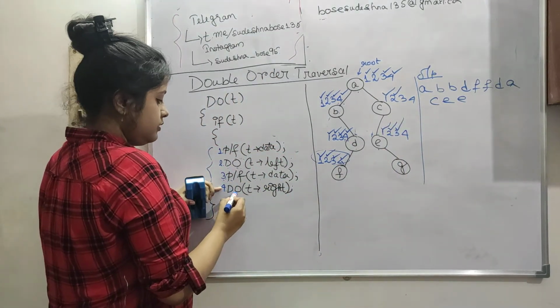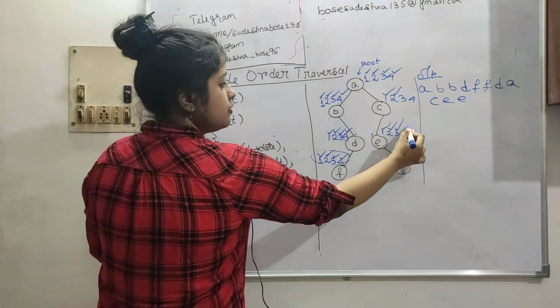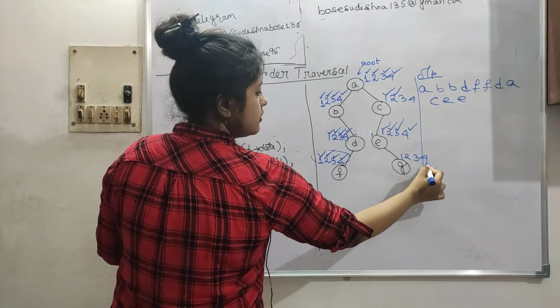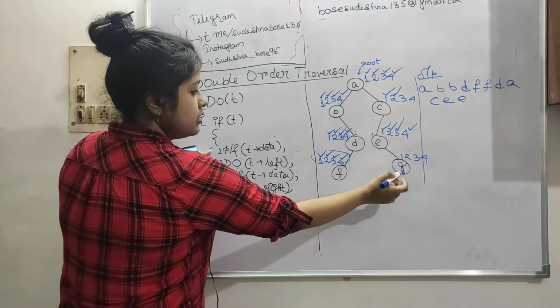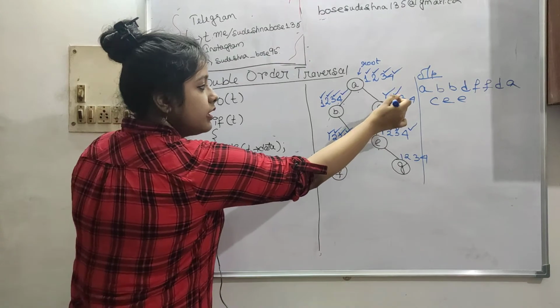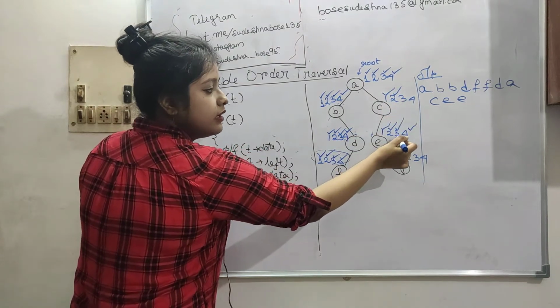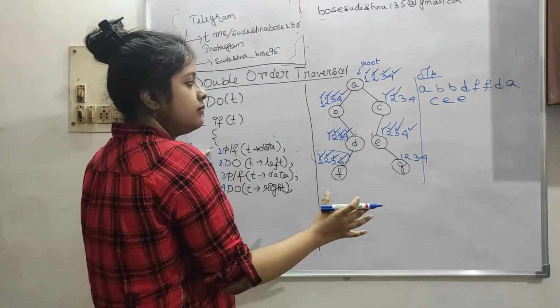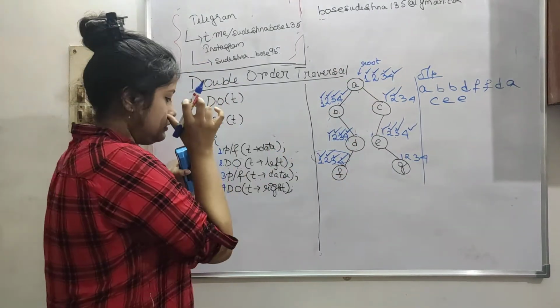Number 4, do T arrow right, we go to right, we have right subtree, so we go to right. So we will start with G now. Don't go to C, because from this recursive call we are going here till here. Okay, so after we finish all the sub recursive calls, we will go back to our parent.